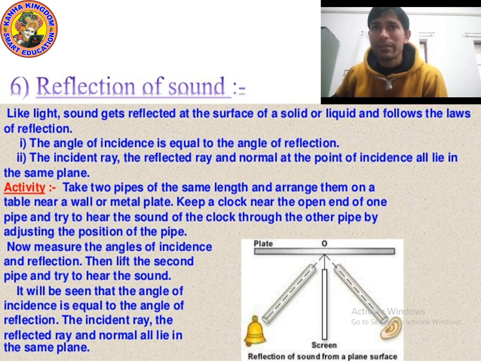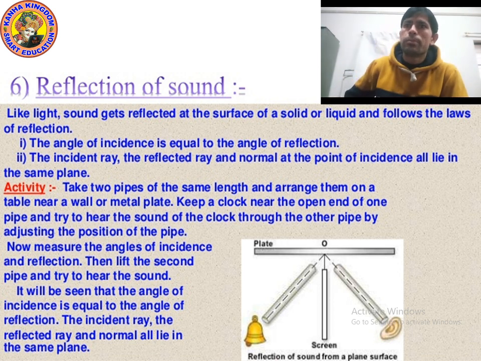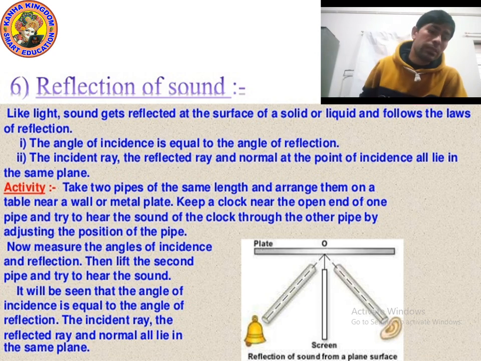The normal means the perpendicular at the point where they fall and reflect. As you can see in the picture, the perpendicular is at the center, and the point O is called the point of incidence. All lie in the same plane.